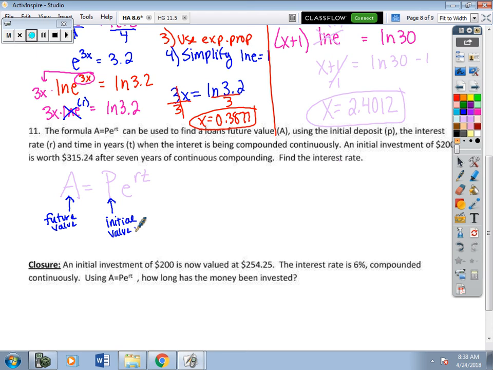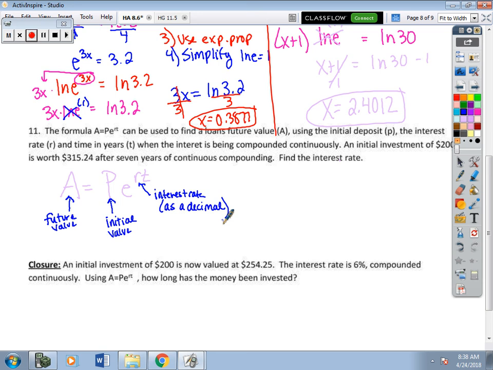E, of course, is Euler's number. That's our 2.7, etc. R will be your interest rate as a decimal. So just a reminder, 4.25% is what as a decimal?